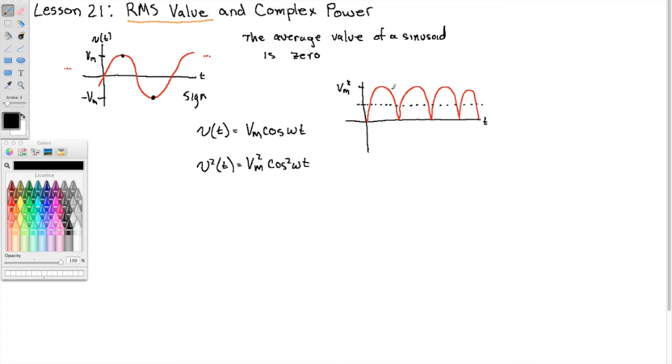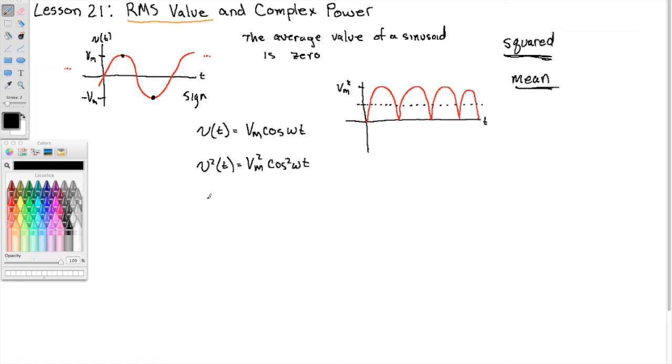And another word for average. So let's back up. First of all, we squared our waveform to get rid of the negatives. We'll just write that down. We're going to take the average now. Another word for the average is the mean. So we're going to use the mean value theorem to take the average of this thing.